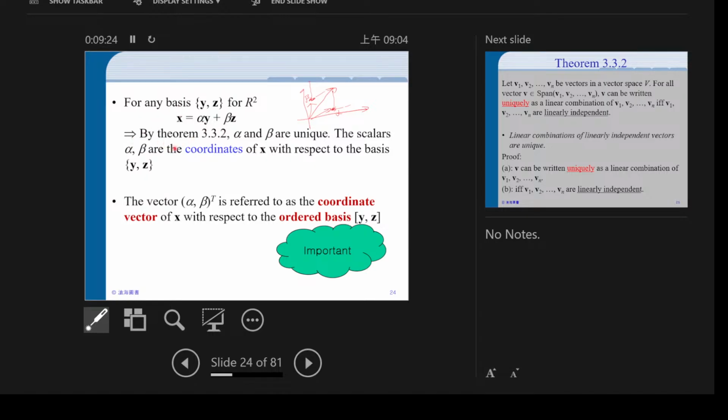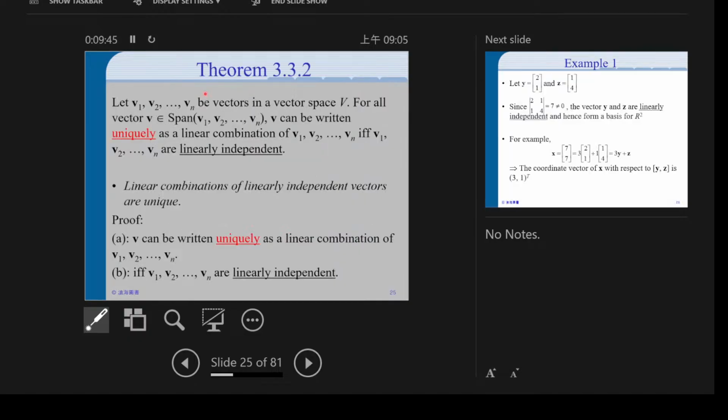Here we use both properties of the basis. Any vector inside the vector space is inside the span of your two vectors because it's a basis, so it can be written as a linear combination of y and z. Also, y and z are linearly independent, so the linear combination for x is unique.